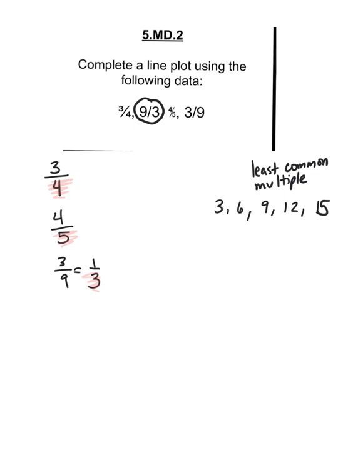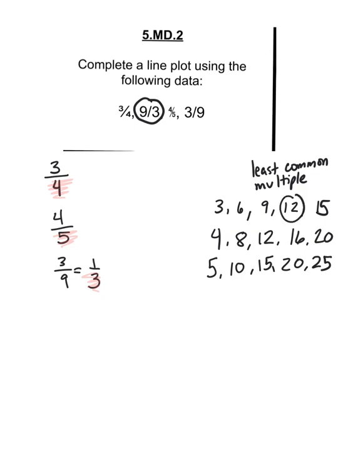When I'm trying to find the least common multiple, I'll just skip count like the first 5 multiples and then see what I can find. 4, 8, 12, 16, 20, and then 5, 10, 15, 20, 25. Okay, so I've done my first 5 multiples for my denominators, and now I need to find the smallest multiple that's on all 3 of these lists.